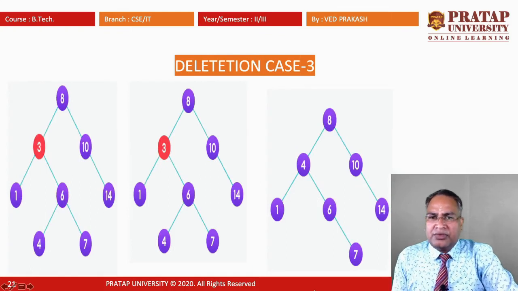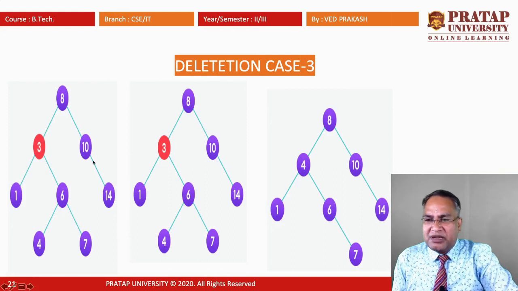Now case 3 of deletion. Here we basically remove a node which has two children. So here we want to remove the node 3. Its two children are 1 and 6. When we perform this type of operation, we have to follow the three steps. First, when we remove this node, we always have to consider the in-order processing.